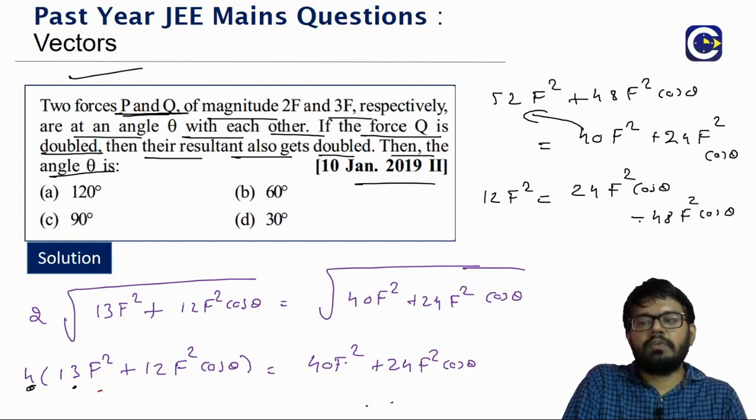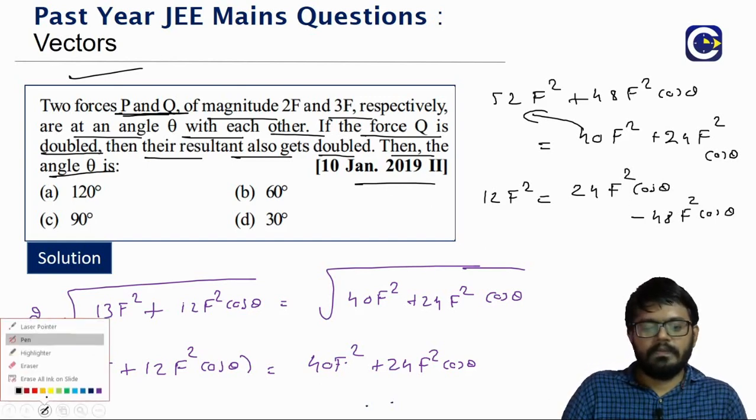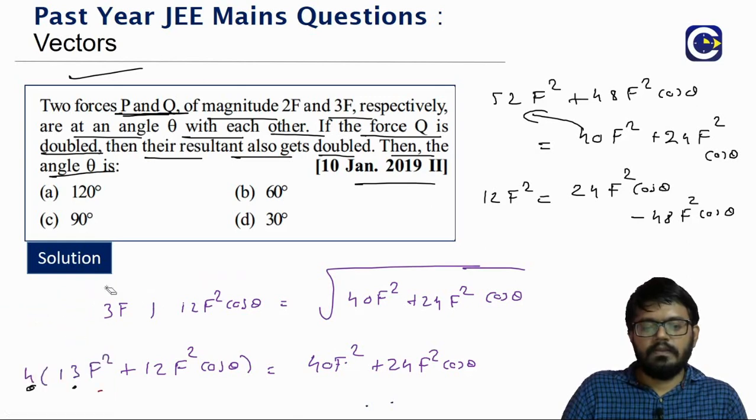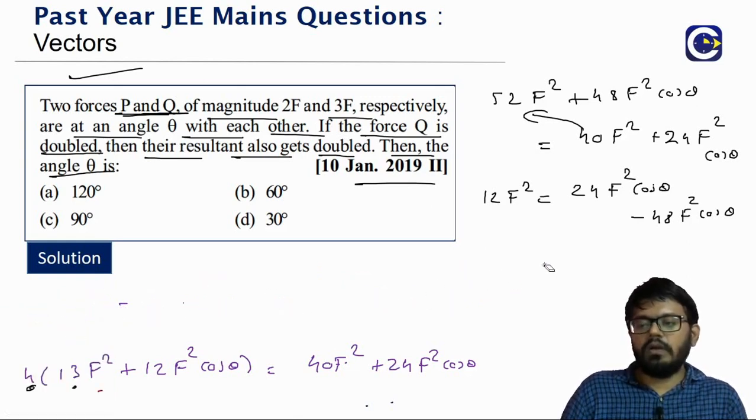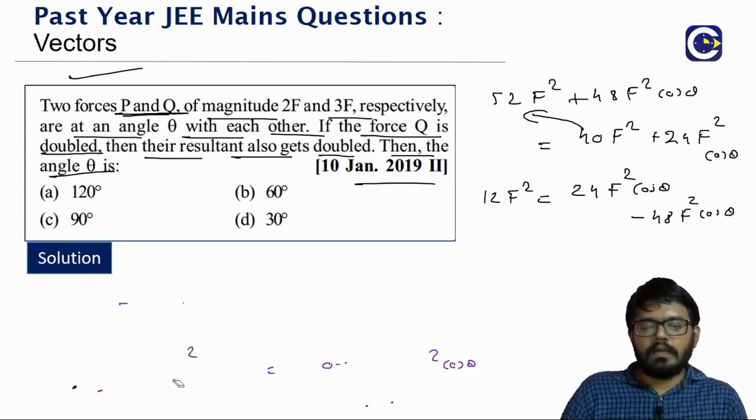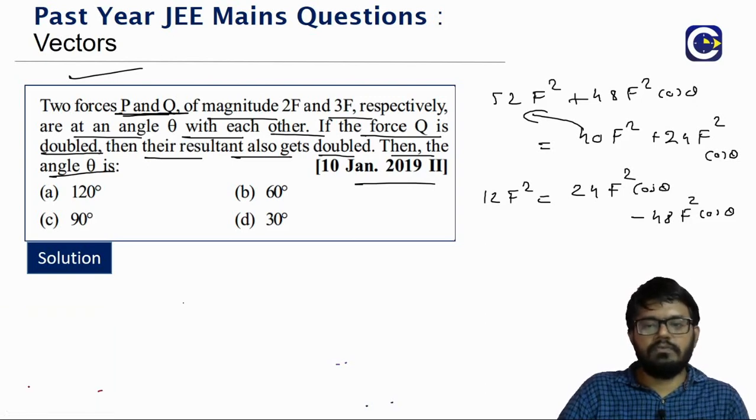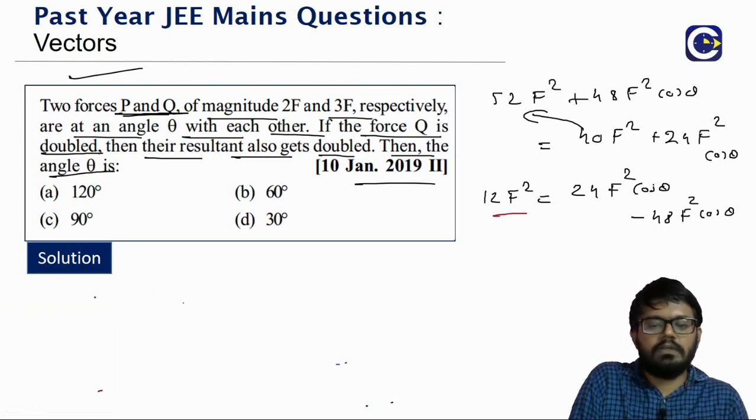So 24 minus 48 means what? Minus 24. I mean, it is just going to involve a couple of steps to conclude the answer, but we are there. So once we are able to relate the resultant values, right, that's it. So left side, what is it? 12 f square is equal to right side, what is it?